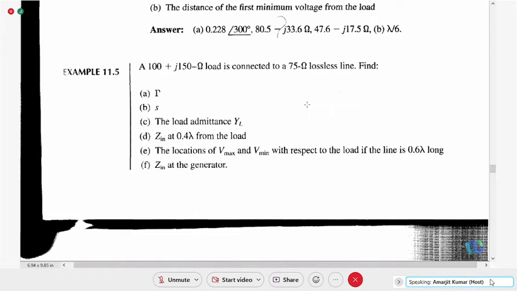The next question is the locations of Vmax and Vmin with respect to the load, if the line is 0.6 lambda long. So the length of the transmission line is given, 0.6 lambda. 0.6 lambda corresponds to how much angle on the line?